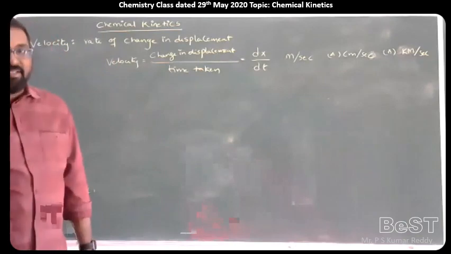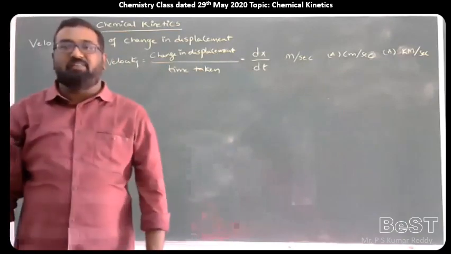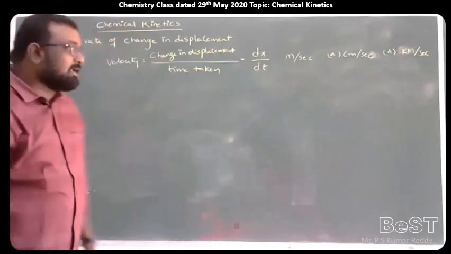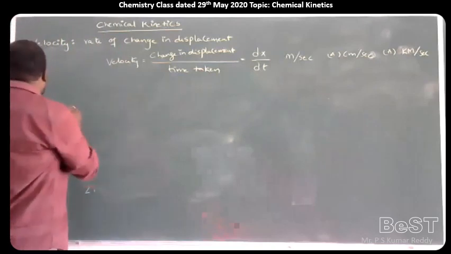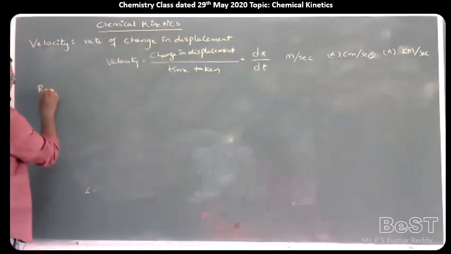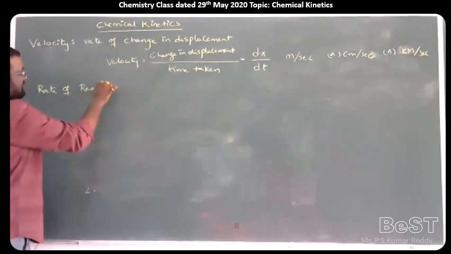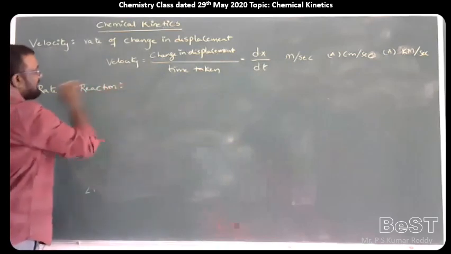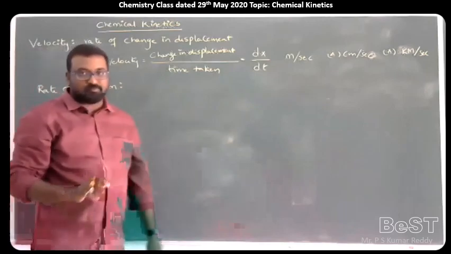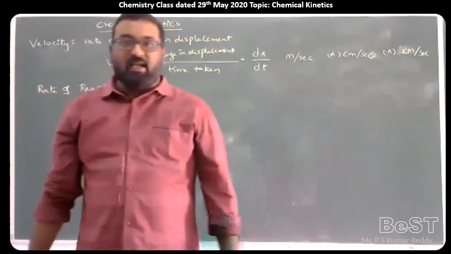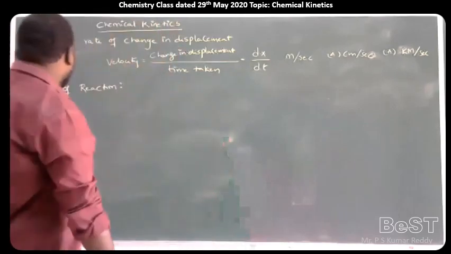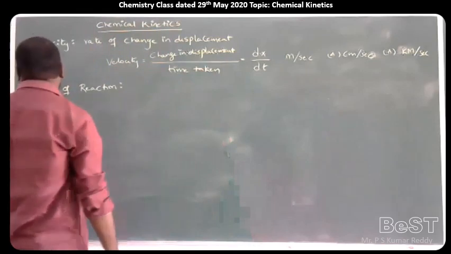Here in chemistry, with respect to speed of the reactions, we'll be seeing a new term called rate of reaction. This you had studied in your first year, in chemical equilibrium also. So what is rate of reaction?